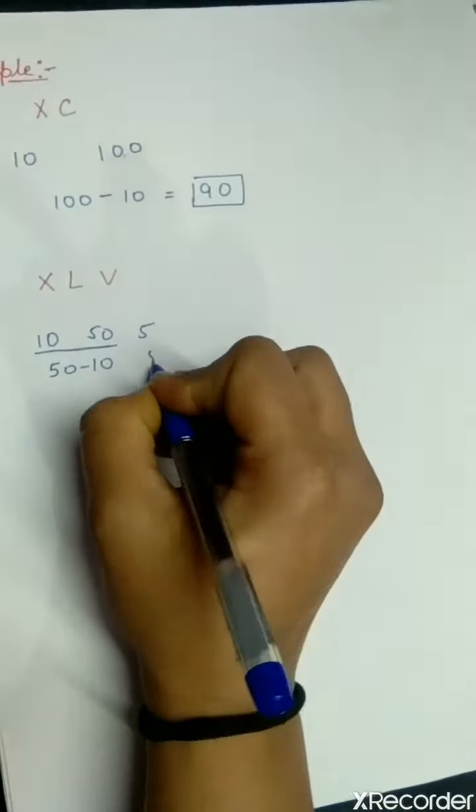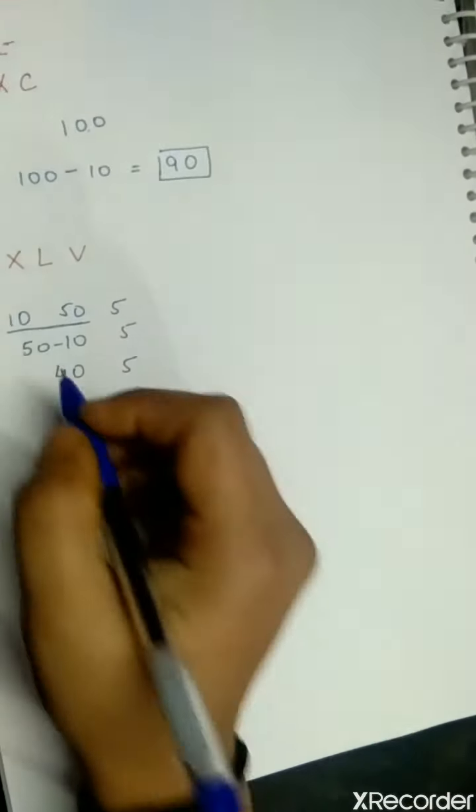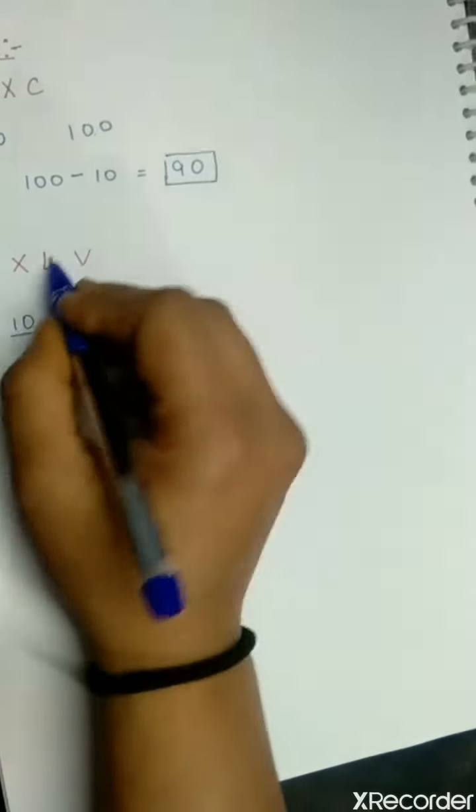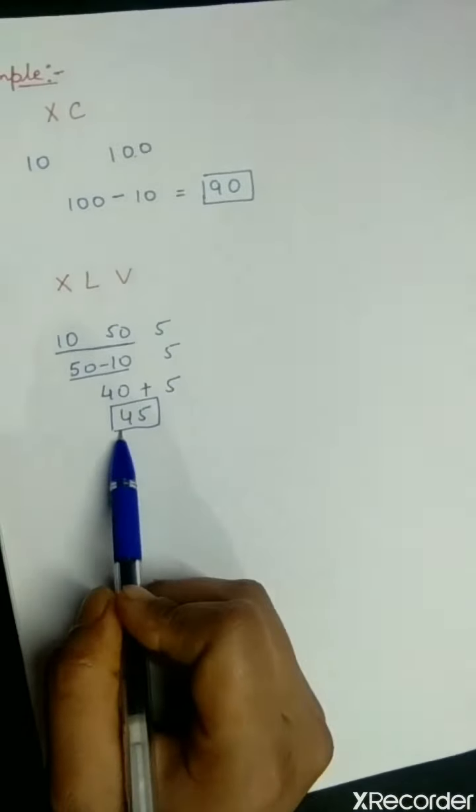It's 40, right? Now 40 plus 5 becomes 45. So XLV is the symbol of 45. Good.